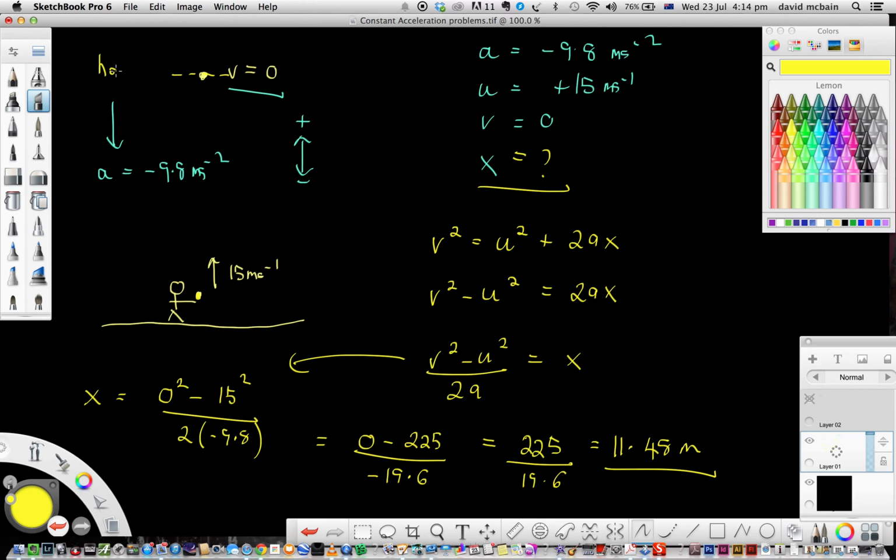Its maximum height that was reached was 11.48 meters above the ground. And that makes sense too, because we've got a positive value here, and we expect the maximum height to be a positive value because up is positive. So everything works out. So there's our first example.